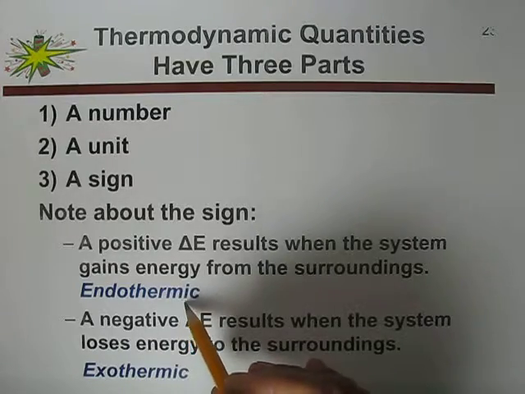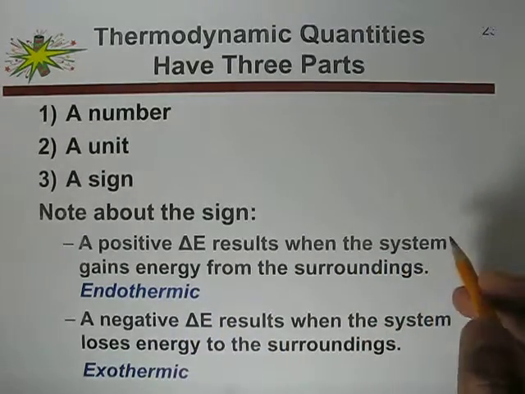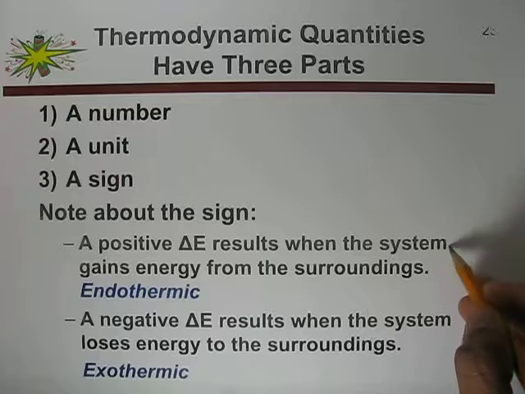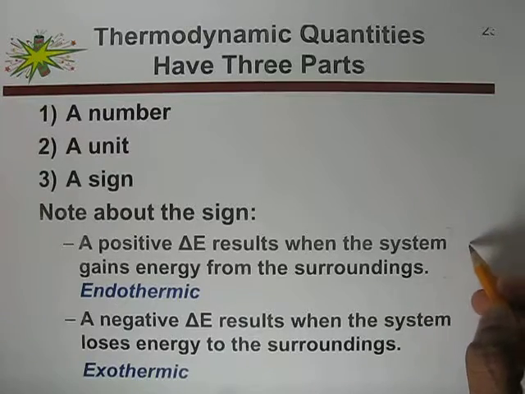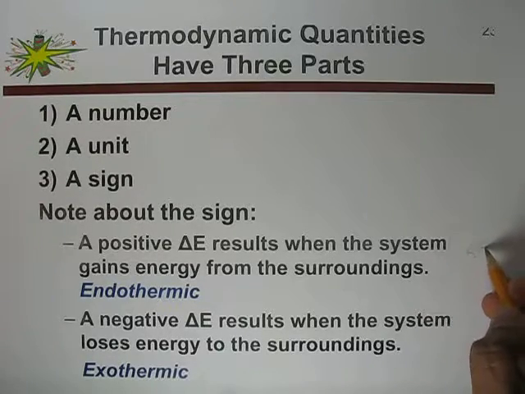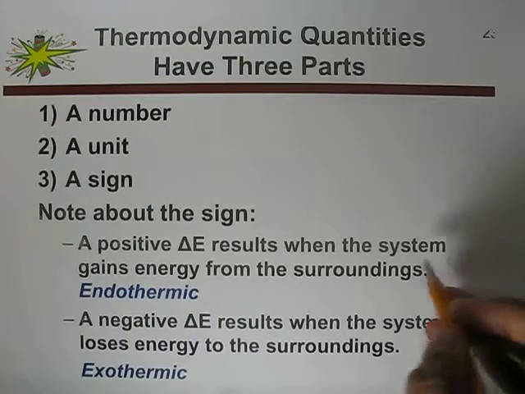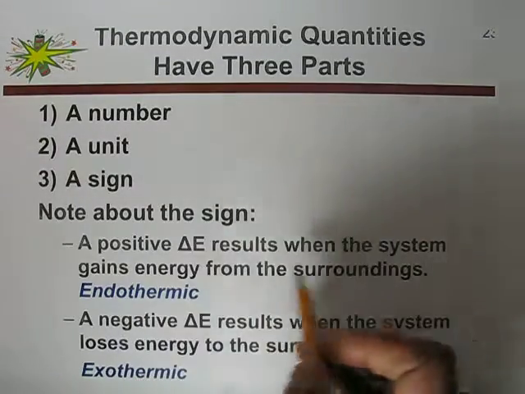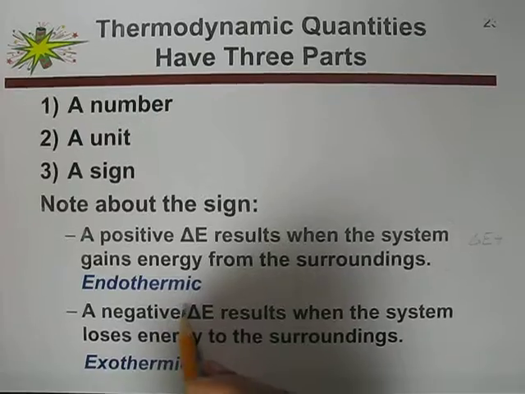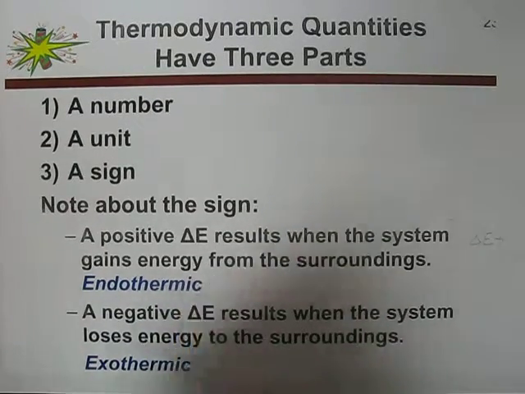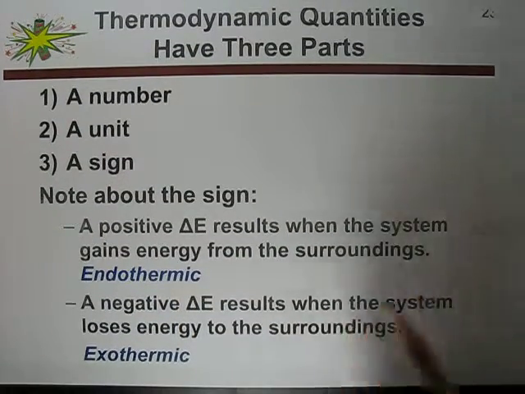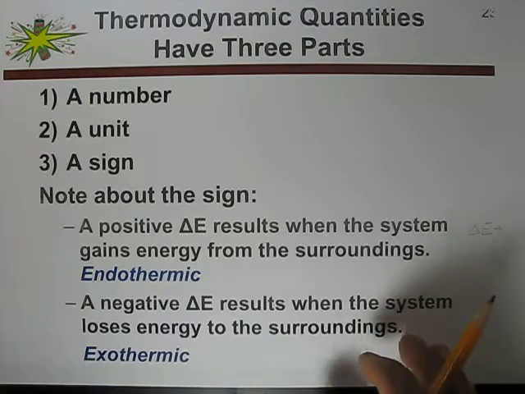For example, that is endothermic. We have seen in the previous slide that when delta E is positive, it means energy is gained by the system from the surroundings and the reaction will be endothermic. So energy is taken in.